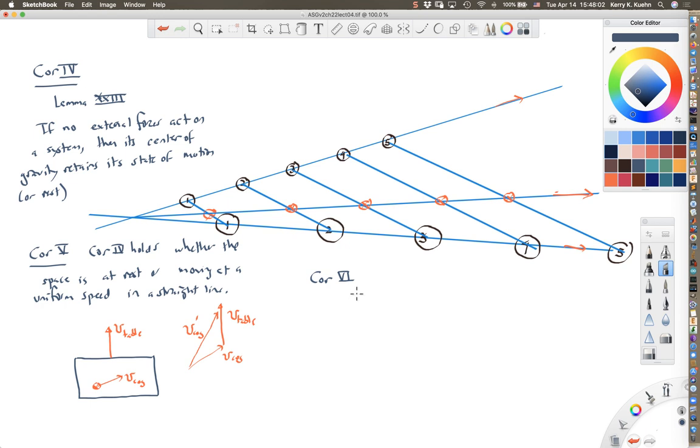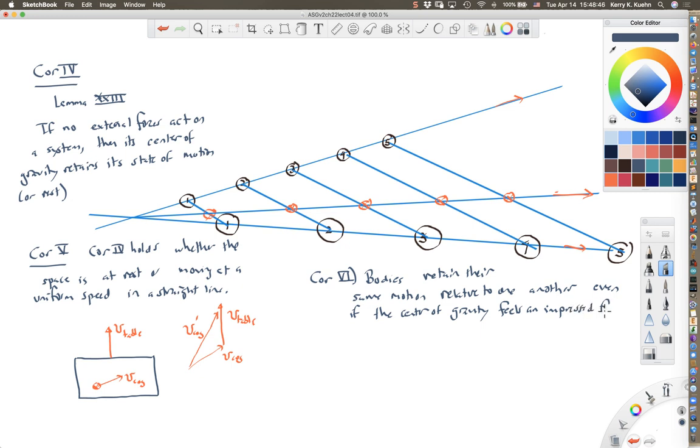Corollary 6 says that bodies retain their same motion relative to one another even if the center of gravity feels an impressed force. Okay, so for example, due to gravity, let's say.